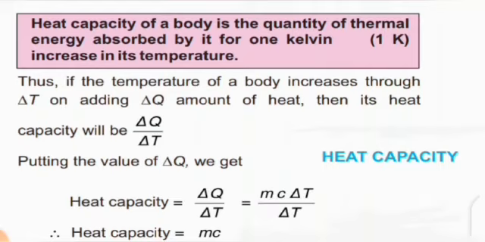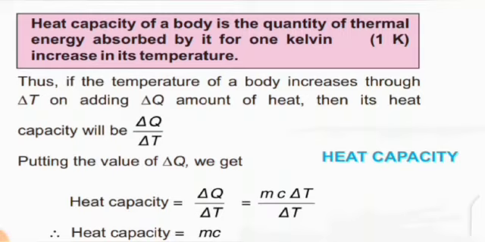So students, you can easily compare specific heat capacity and heat capacity, because you know that in specific heat capacity the mass of the substance was specified, that was 1 kilogram. But in case of heat capacity, the amount of substance is not specified. That's why it is known as heat capacity of the body.